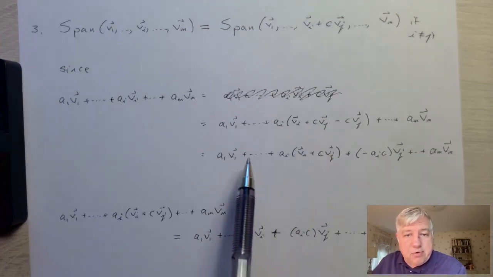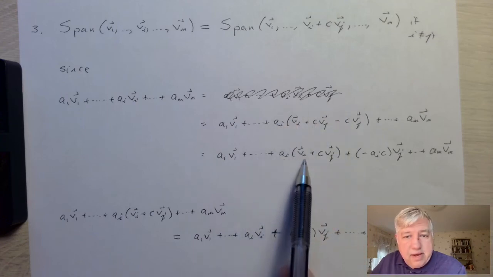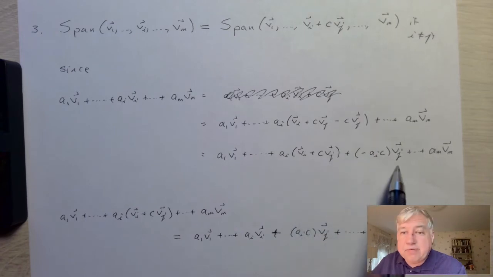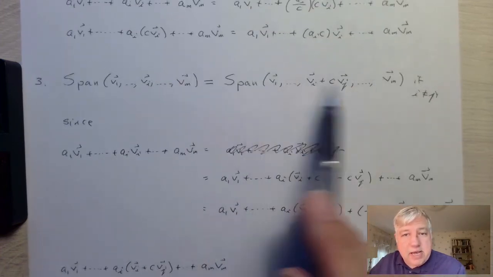This term becomes something times Vi plus C Vj, plus something times Vj. Okay, and Vj is already in the set somewhere.